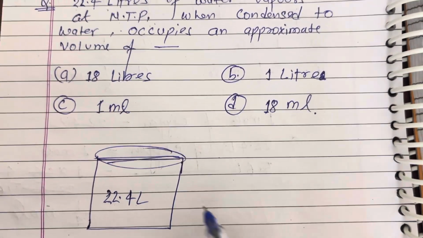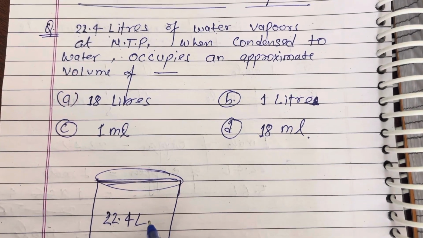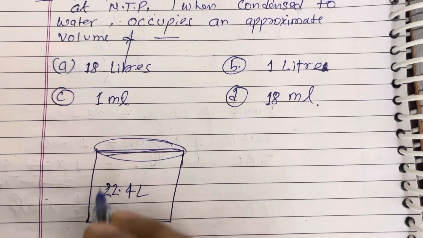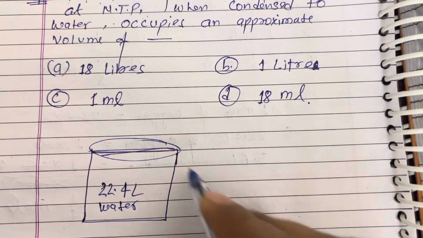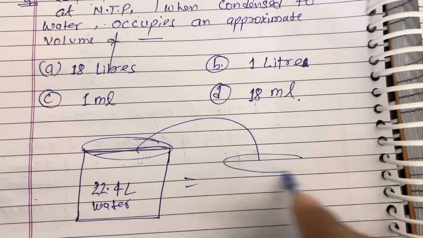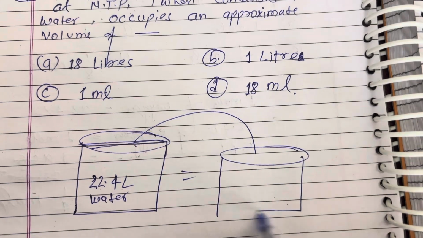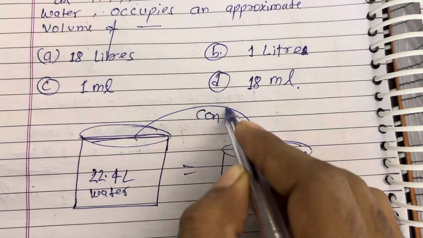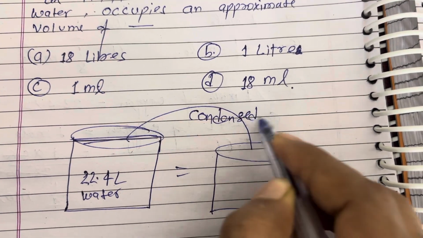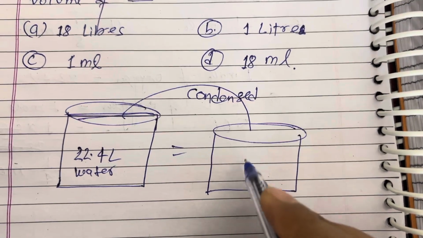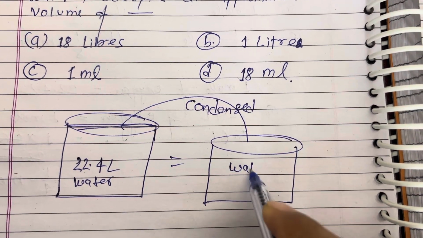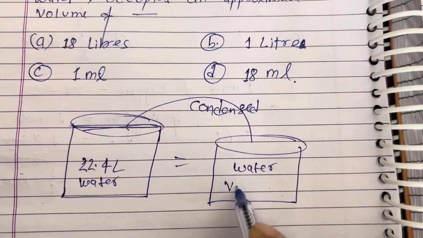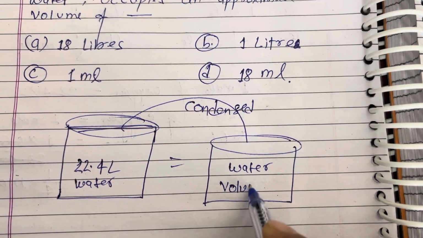So 22.4 liter of water vapors are present, and it is asked, when it is condensed, after condensing it will convert into water. So what will be the volume of water?